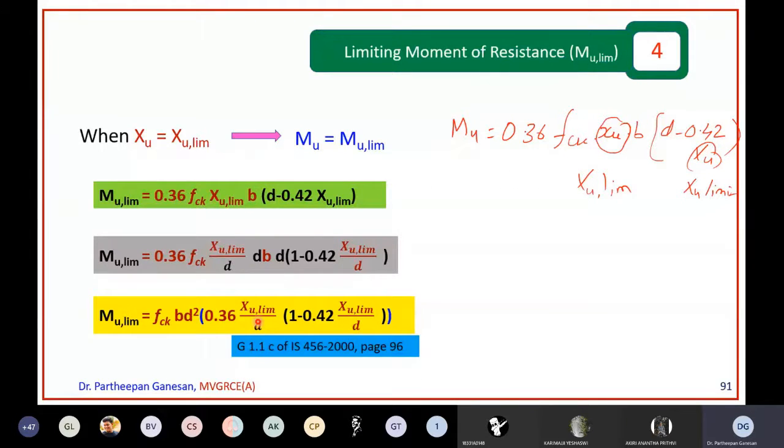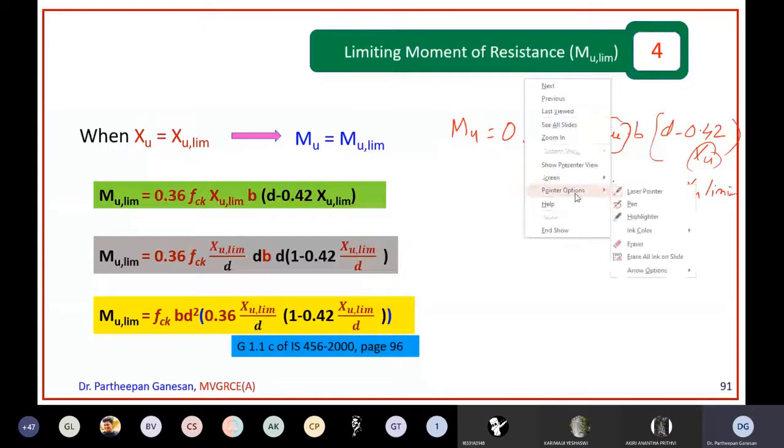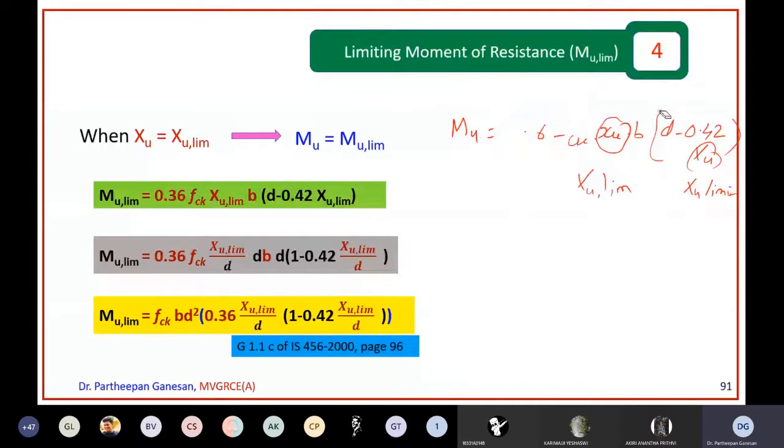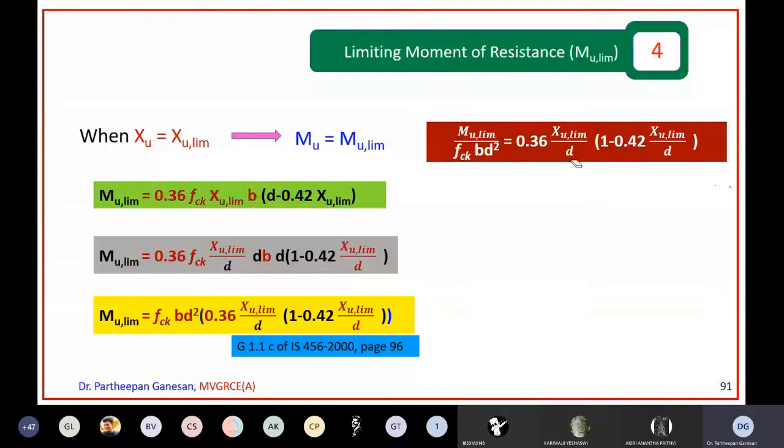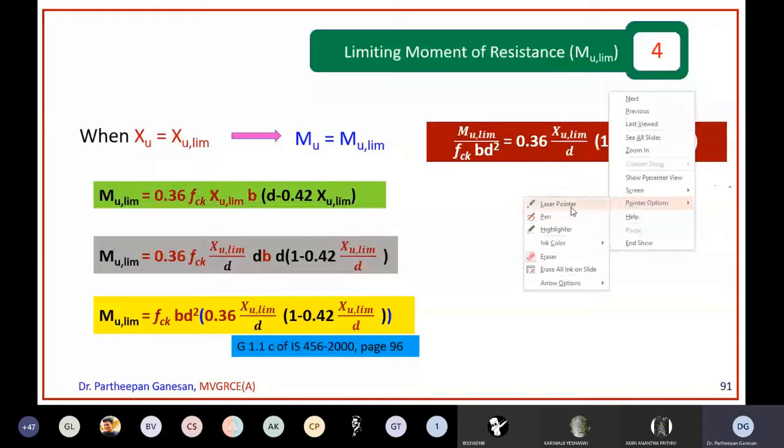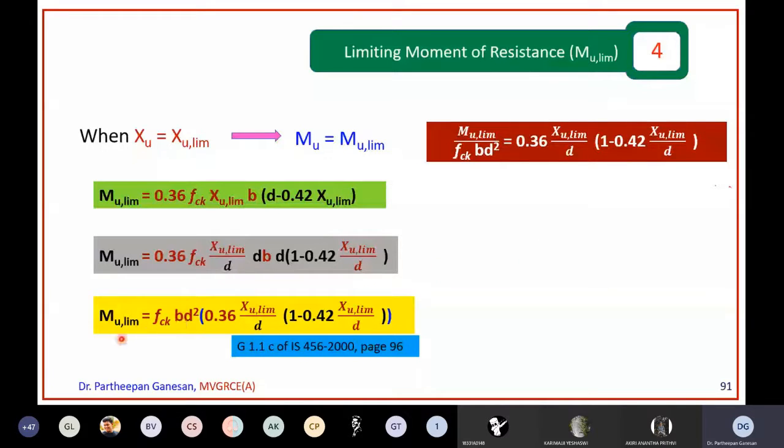Now you can also reduce this further. Sorry, I have to erase this. So MU limit by FCK BD square, that is, FCK BD square I brought down.